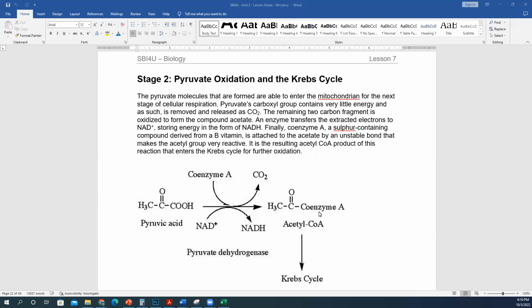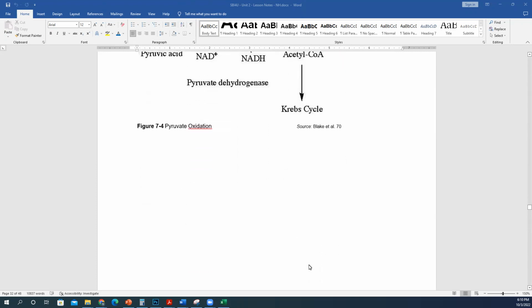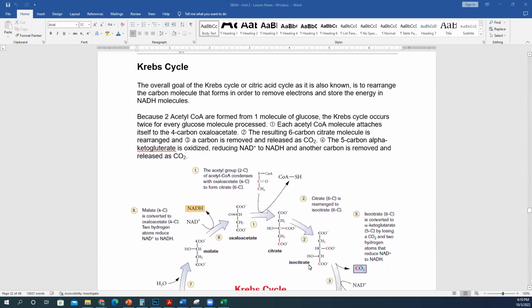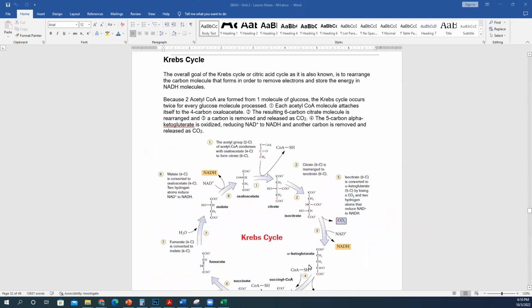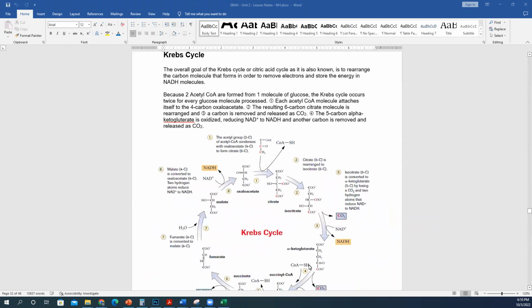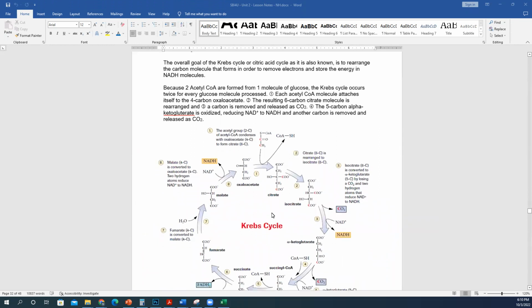So then this 2-carbon molecule of acetyl-CoA enters into the Krebs cycle. Now, overall, if you look at the Krebs cycle, and again, it's a cycle, so it regenerates.